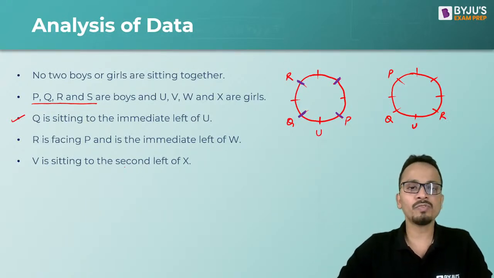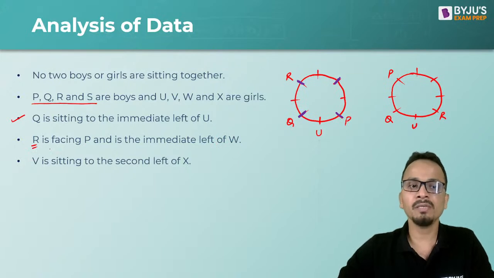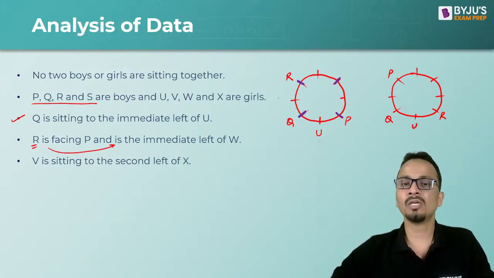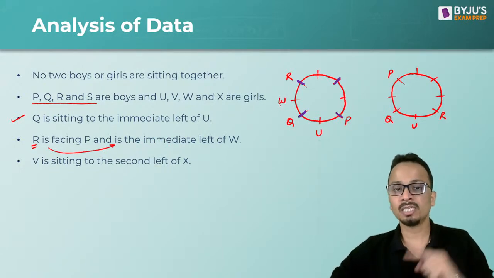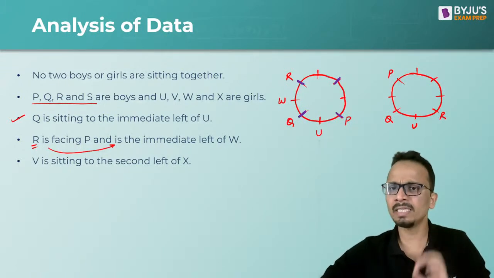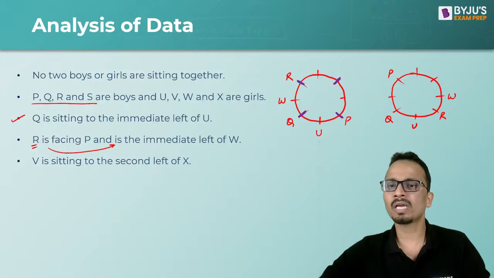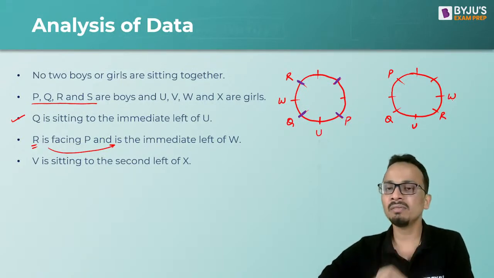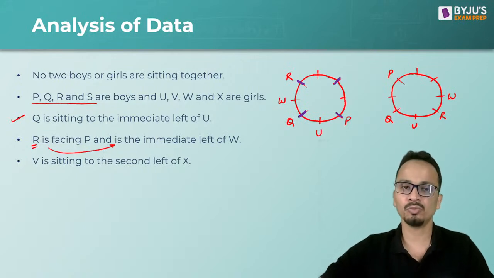Now R is facing P and is immediate left of W. In the first case, W will come at this position. W's immediate left will be R, and in the second, W will come at this place because R is sitting to the immediate left of W.